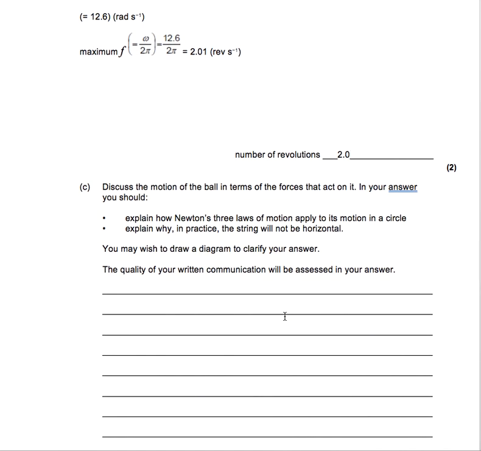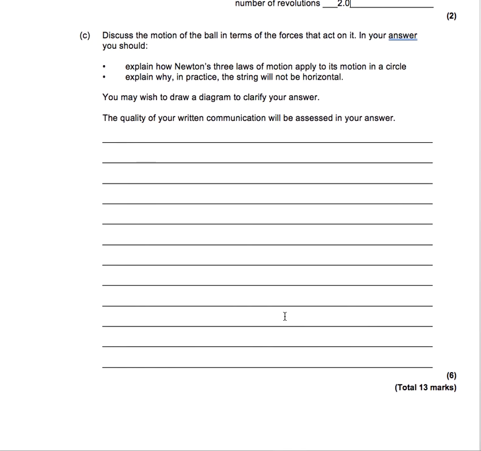So, final part of the question then, part C: discuss the motion of the ball in terms of the forces that act on it. Your answer should explain why Newton's 3 laws of motion apply, and explain why in practice the string will not be horizontal.